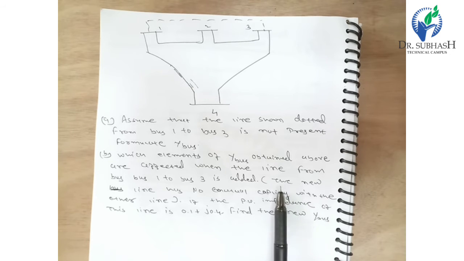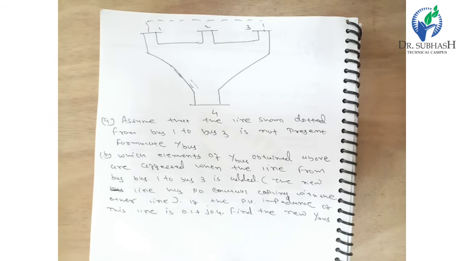Here we should note that the new line has no mutual coupling with other lines. So if the per unit impedance of this line is 0.1 plus j0.4 in the given data, we should find the new Y bus system.